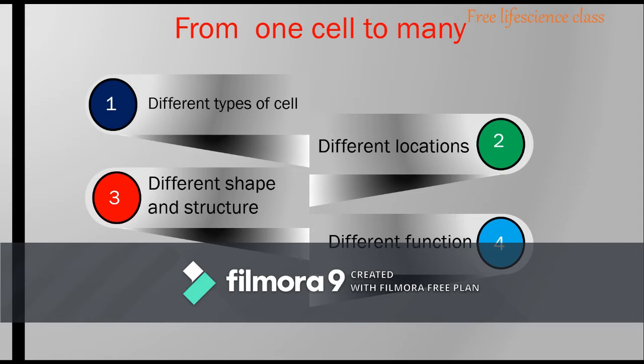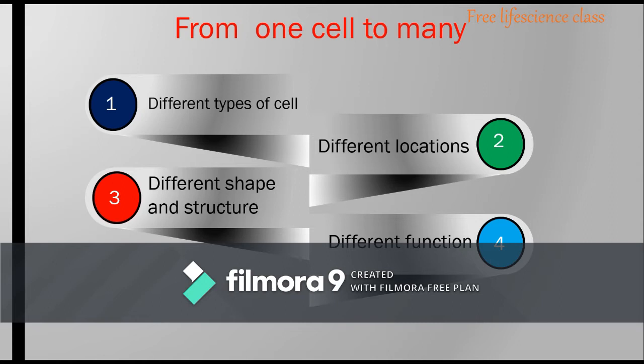The first one is the formation of different types of cells. The second one is that different types of cells are seen in different locations. And the third thing is that the cell shape and structure is different. It is not identical for all the cells. Their functions are also different.